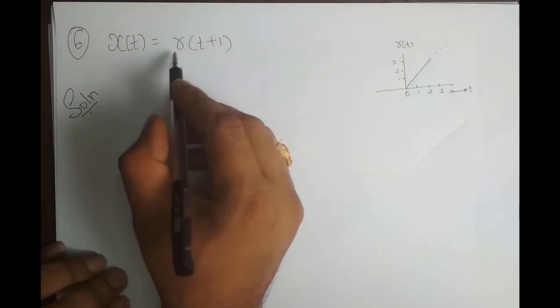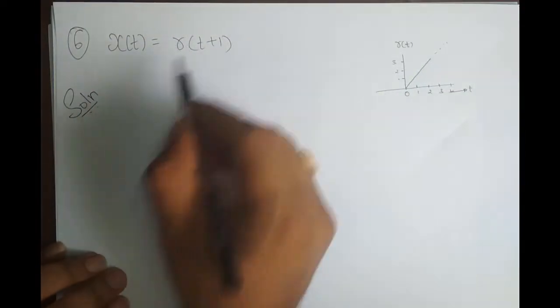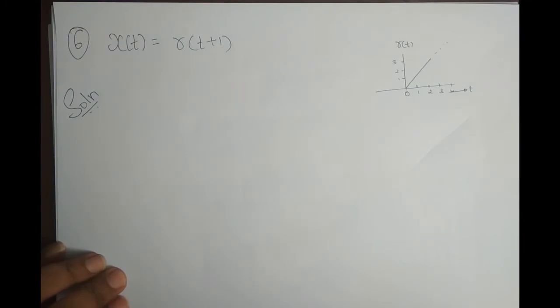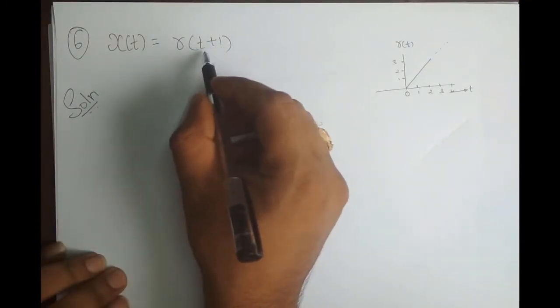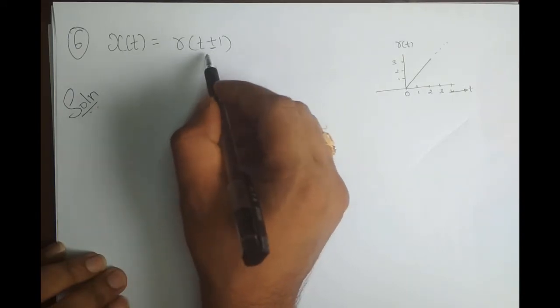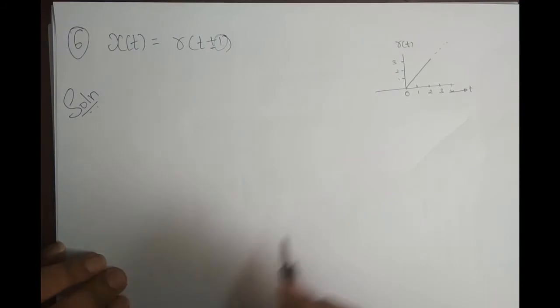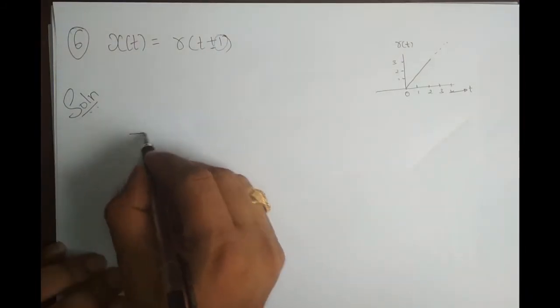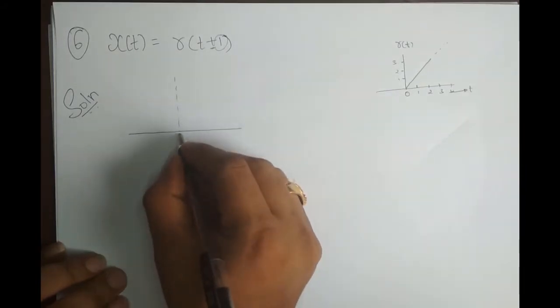So what do I need? r of t plus 1. So if you know r of t, what do you mean by r of t plus 1? r of t plus 1 is nothing but r of t shifted left or right. Shifted left, right? Because if you have plus, you have to shift it left. How many times do you have to shift? One time, right? So r of t plus 1 looks something like this. This is at t is equal to 0.